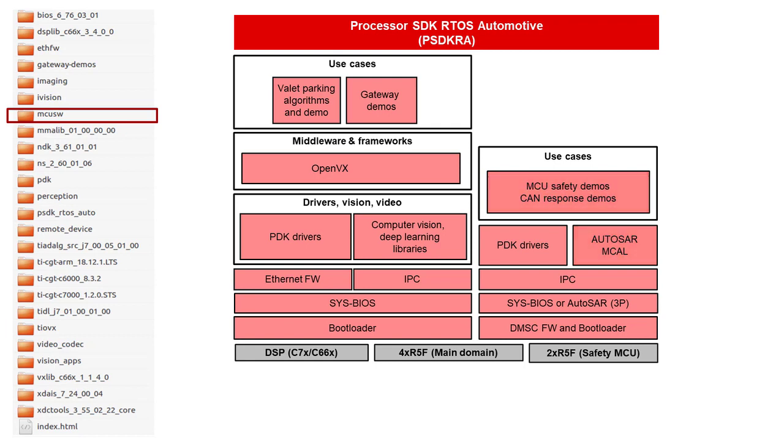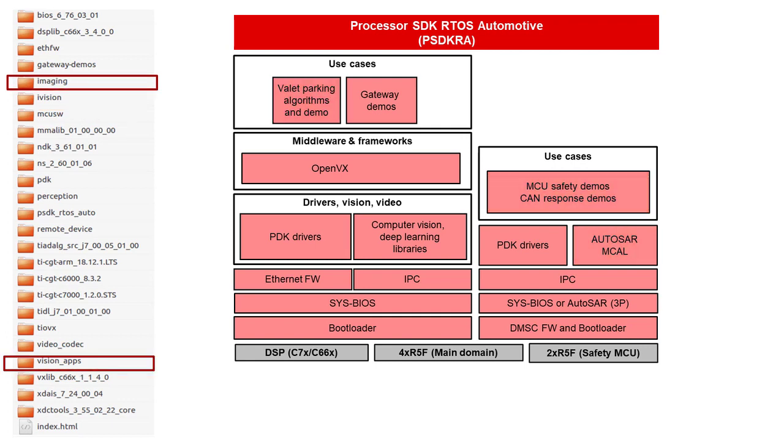Software that runs on the safety MCU island, namely MCAL support for AutoSAR and demos for early CAN response and safety entitlement, are included as part of the MCU software component. Vision Apps folder hosts multiple demos that integrate various components from the SDK to realize system applications for vision processing like the surround view application and Auto Valet Park Assist.